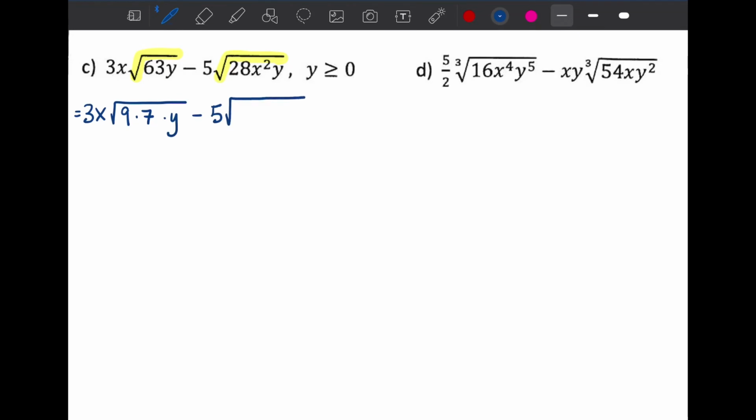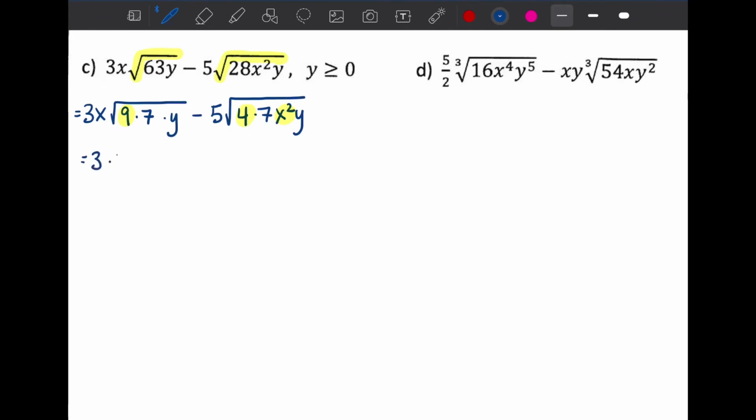The second term would be this way, and the perfect square factor of 28 is 4. 4 times 7 is 28. Alright, so let's highlight the perfect squares. This one, and this one, and this one.